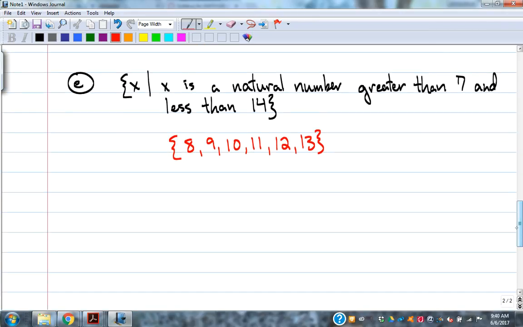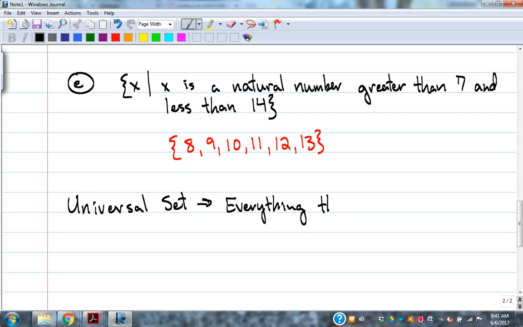Now let's get into a little bit more of what we call set theory, and so we're going to get some definitions of some things and what they're talking about here. One of the things that they talk about is what's called a universal set. What that means is everything that is part of the discussion.